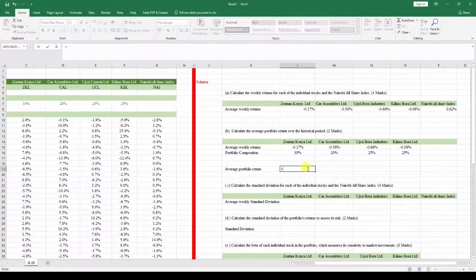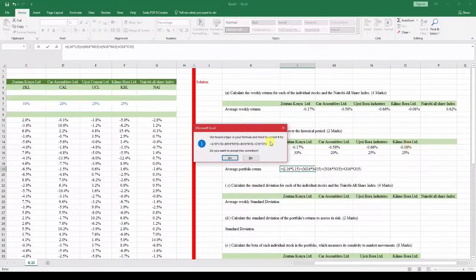Pick plus, we open the brackets, that value times the average weekly return plus that value times that value, close the bracket, the portfolio composition multiplied by the average weekly return, close the bracket, and then we add finally the portfolio composition for Kilimo Bora, and we multiply that with the average weekly returns, like that. Close the bracket, and we enter.